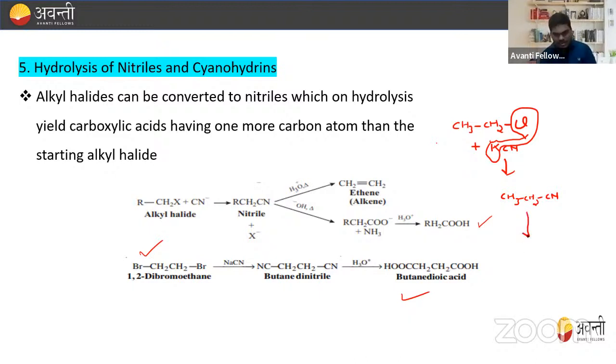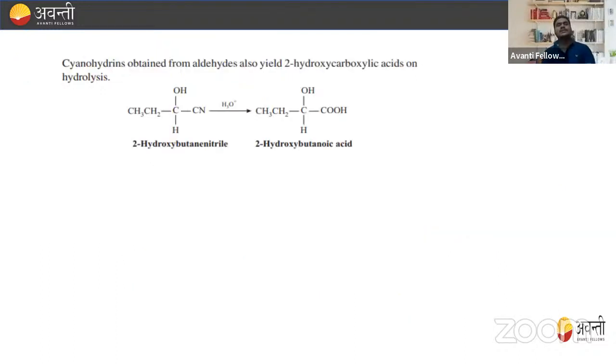Now, hydrolysis of the nitrile will give CH3CH2COOH. So this is how you will get this, right? Similarly, cyanohydrin obtained from an aldehyde also gives a 2-hydroxy carboxylic acid on hydrolysis.